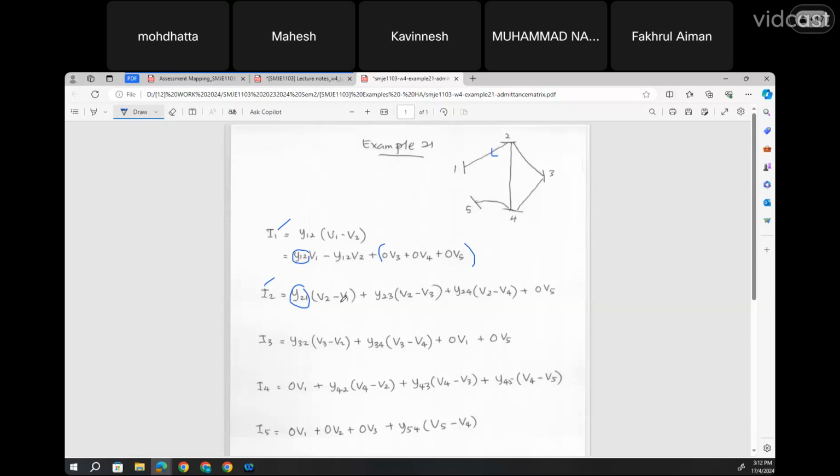So V2 minus V1 times the admittance, plus, okay, we settle with this connection, plus this is from bus 2 to bus 3, we have this current. So the voltage difference will be V2 minus V3, and the admittance will be Y23.